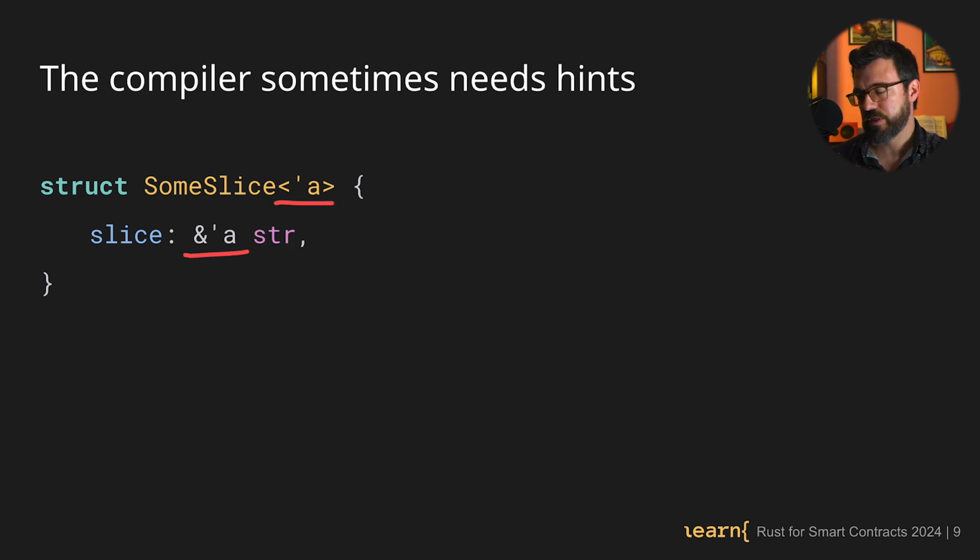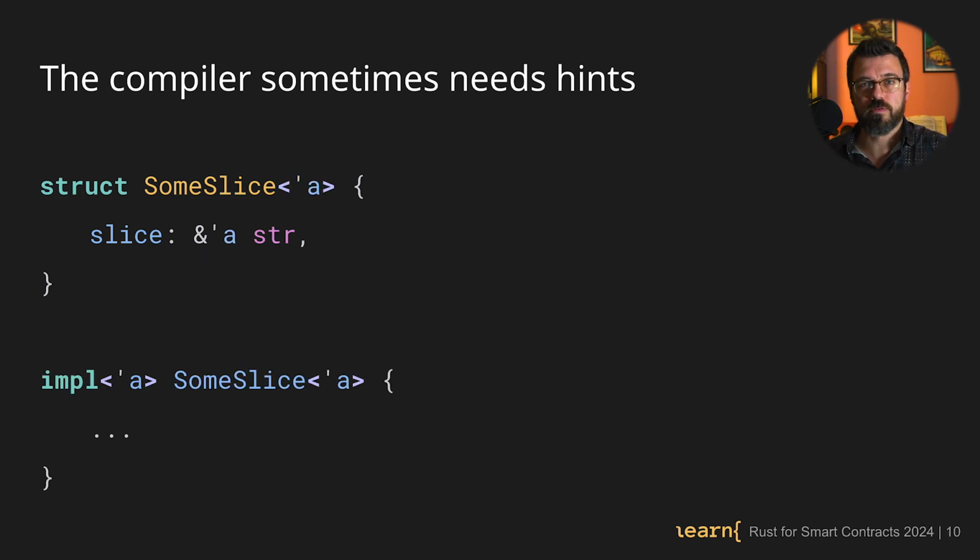So we're telling Rust here, the SumSlice struct will live for time A, and this reference called slice will live for time A. So you don't have to worry about an invalid reference here where we have a SumSlice struct that's living while the reference that it's holding has become invalid. And when we implement code on the SumSlice struct, we'll have to do the same thing. We might actually refer to the lifetime somewhere in the code. But this is implementing for lifetime A, code on SumSlice lifetime A.